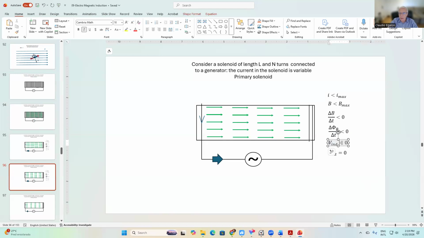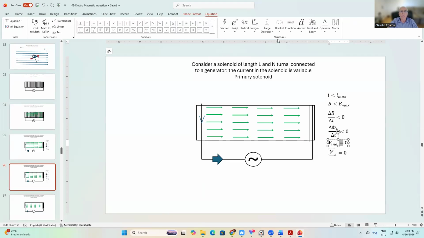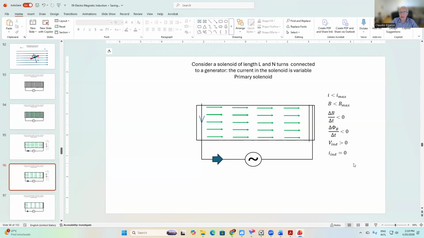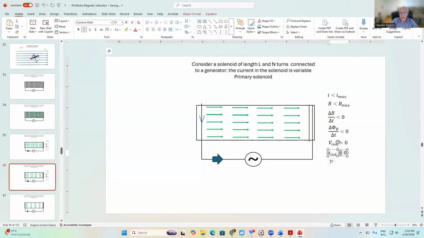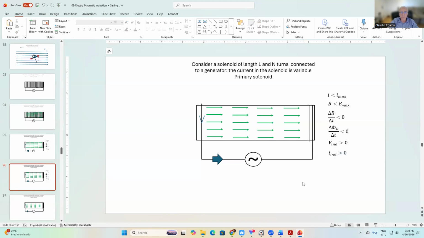This V induced is going to be different from 0. I'm not going to put it negative, because don't forget, we still have that negative sign. So we can say that V induced is greater than 0, by virtue of Faraday's law, and the induced current is also going to be greater than 0.